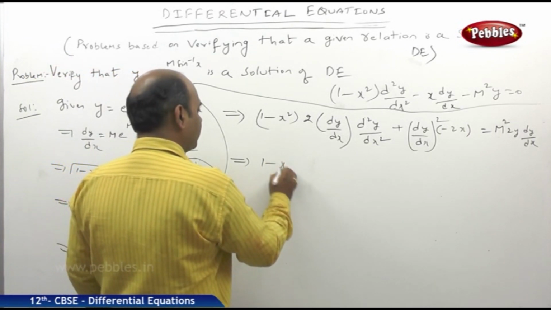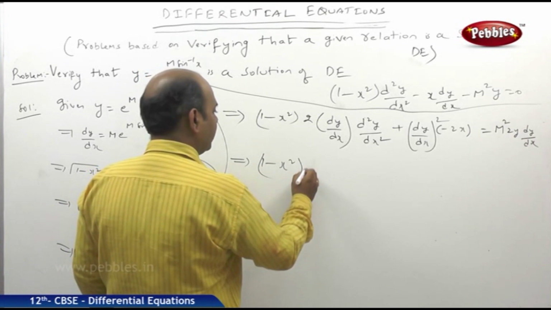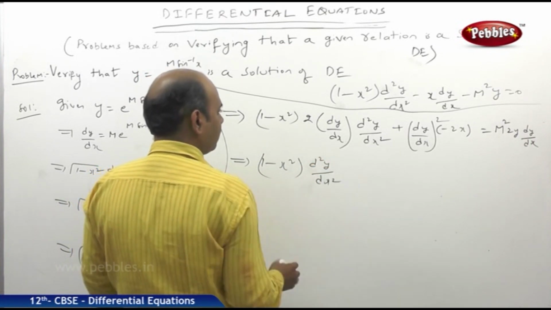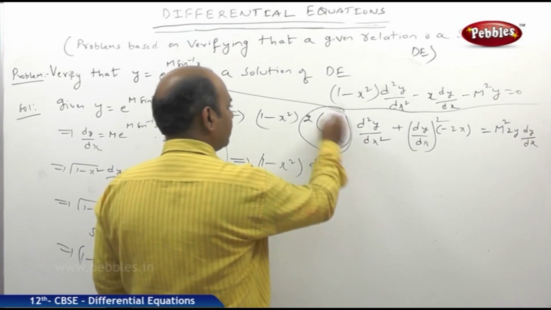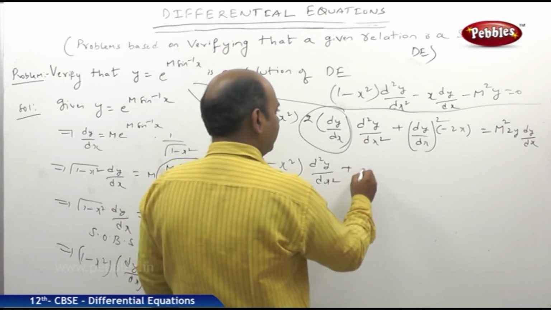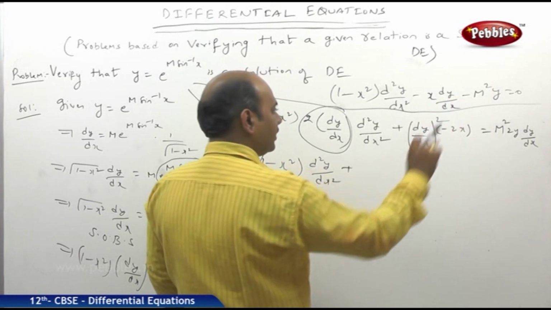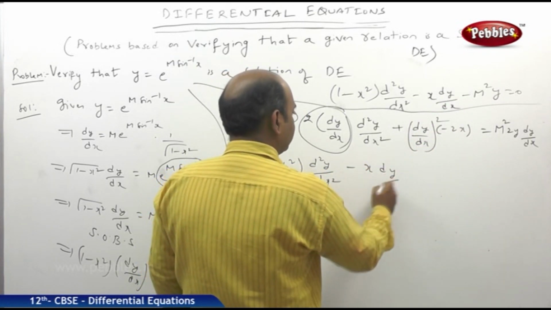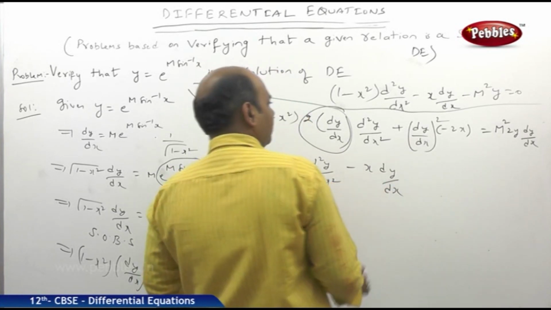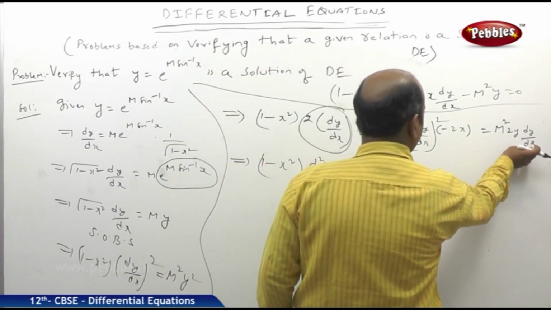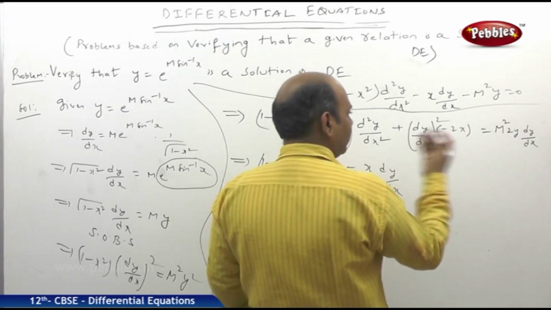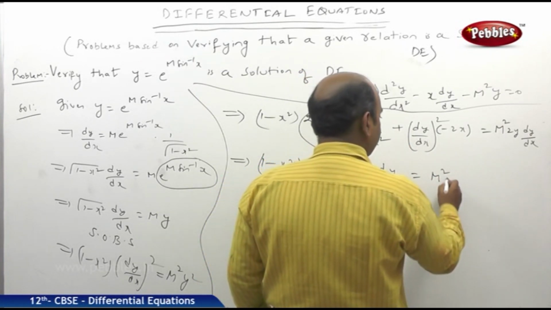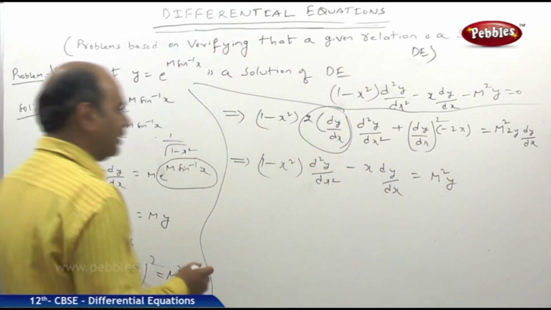So 1 minus x square, there remains d square y by dx square, plus, 1 dy by dx will go, so minus x into dy by dx, and here also 2 into dy by dx gets cancelled. That is equal to, there remains m square y.